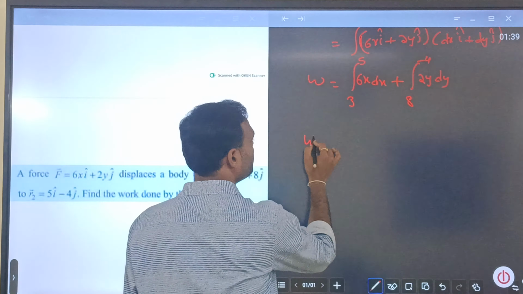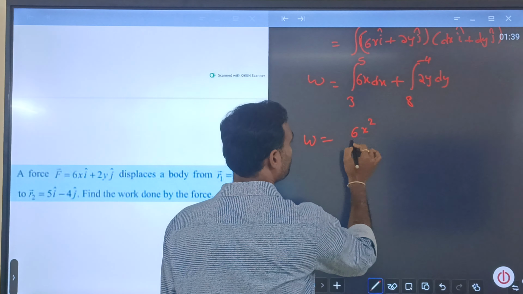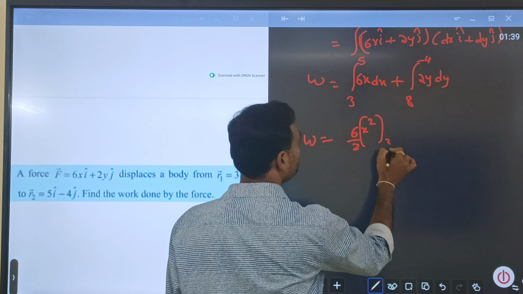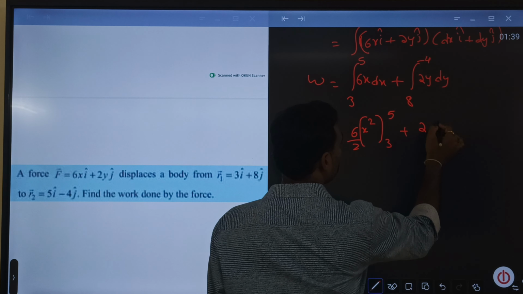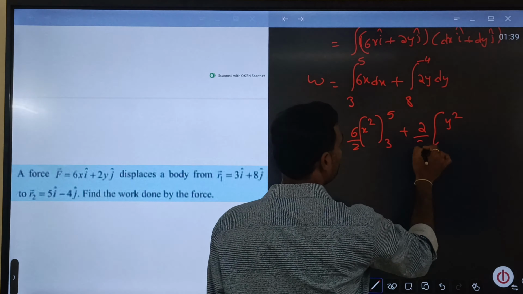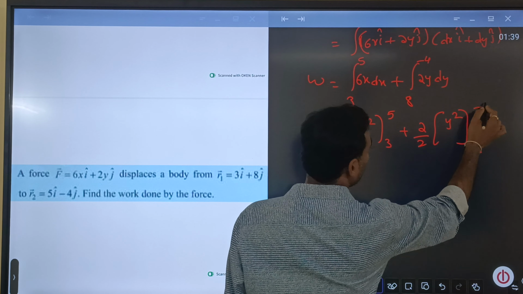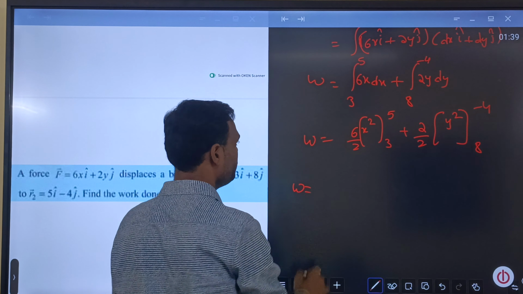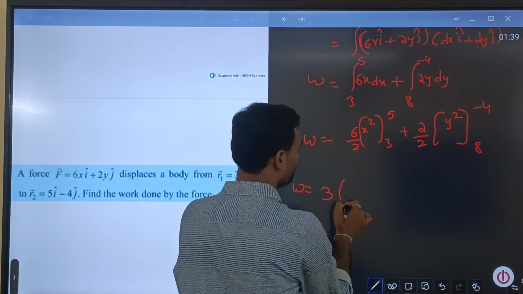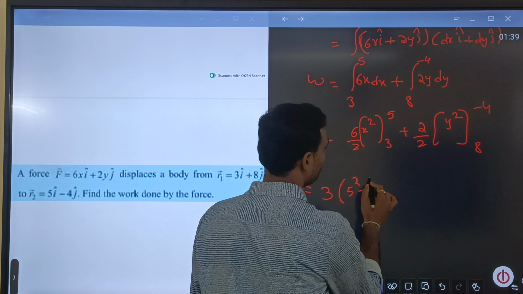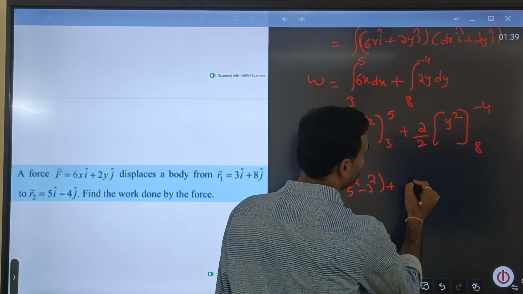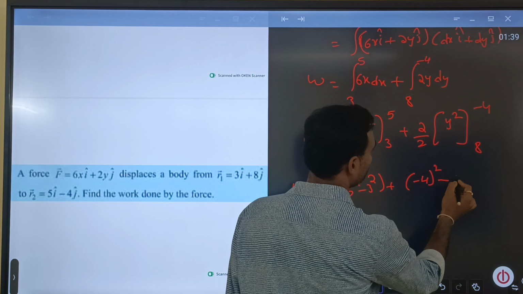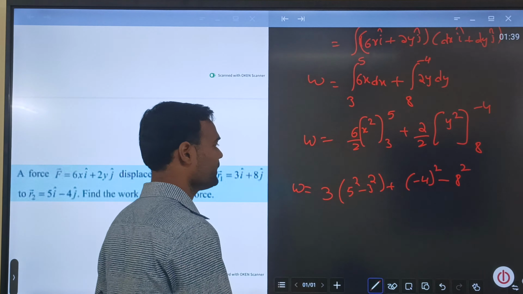Now work done will be 6x square by 2, 3 to 5, plus 2y square by 2, 8 to minus 4. So work done will be 3 into (5 square minus 3 square) plus (minus 4 whole square minus 8 square).